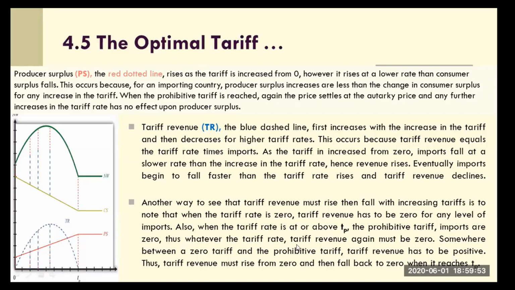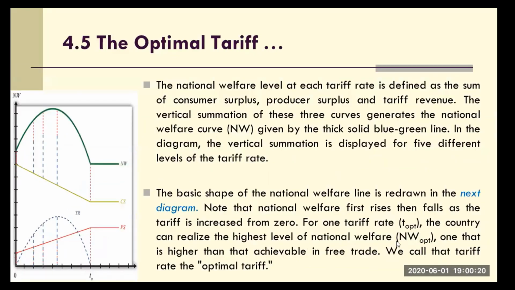Thus, tariff revenue must be zero at both ends, and somewhere between zero tariff and the prohibitive tariff, revenue has to be positive. Thus, the tariff revenue must rise from zero and then fall back to zero, making a curve when it reaches TP. So let's see this diagrammatically.